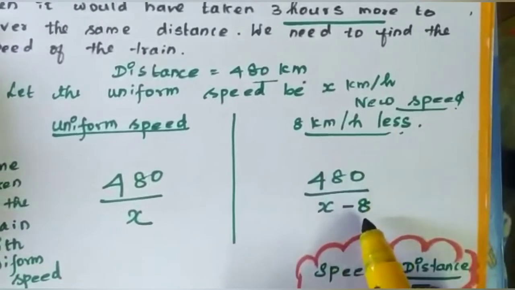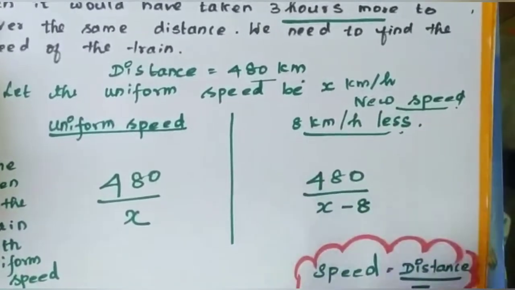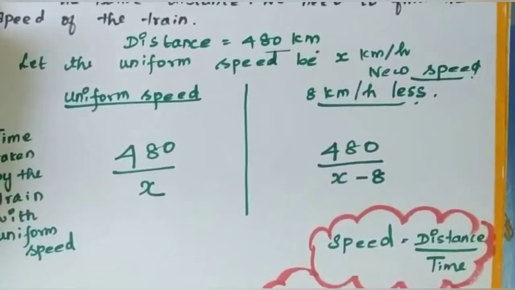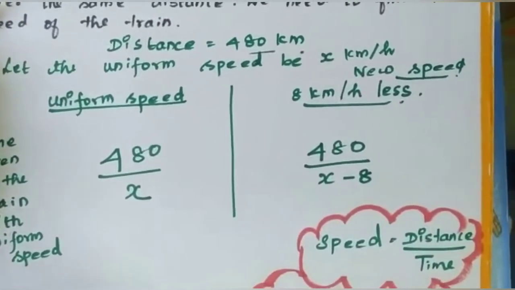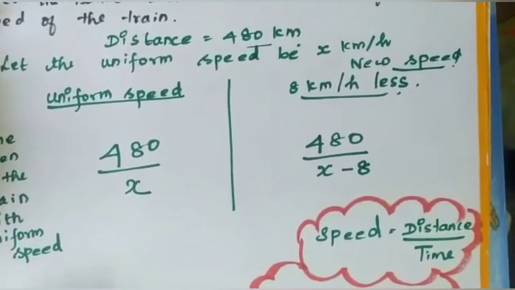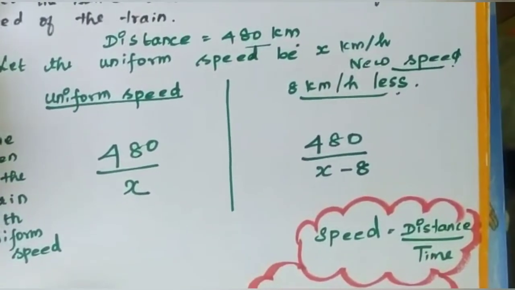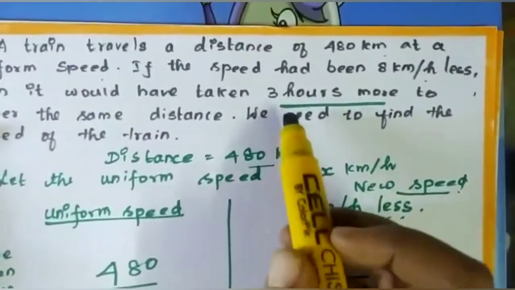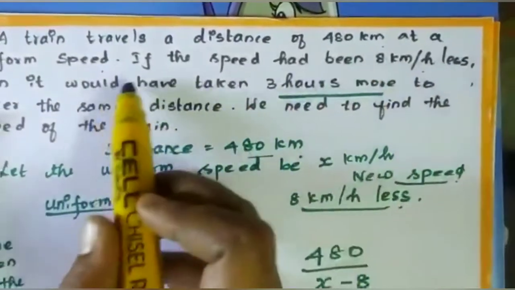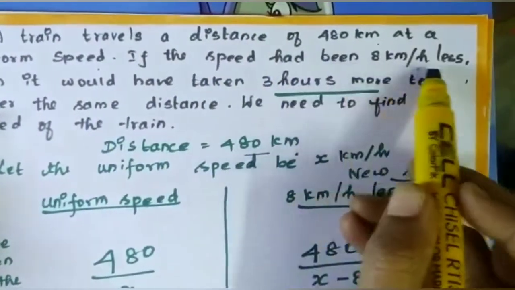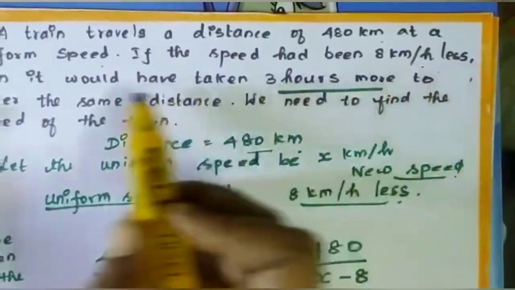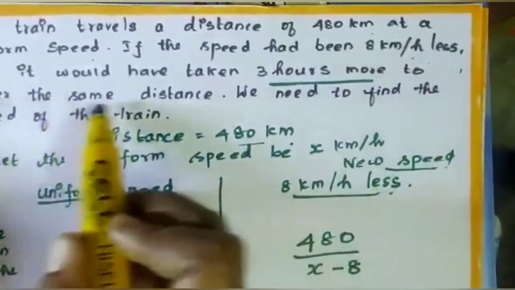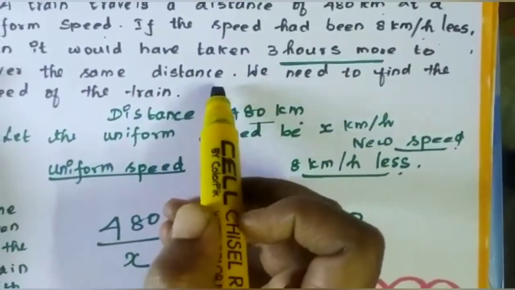So we have to write that first, 8 km less. Okay. So by this statement we have to frame the equation. How do we frame the equation? 3 hours more: if the speed had been 8 km per hour less, it would have taken 3 hours more to cover the same distance.